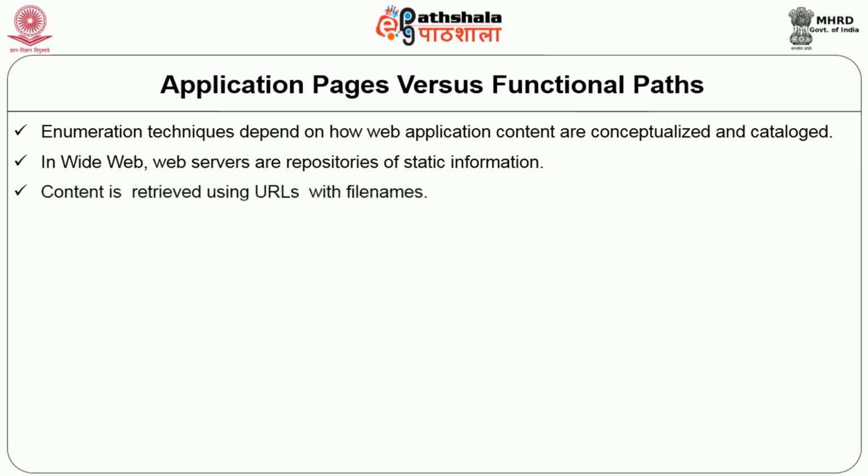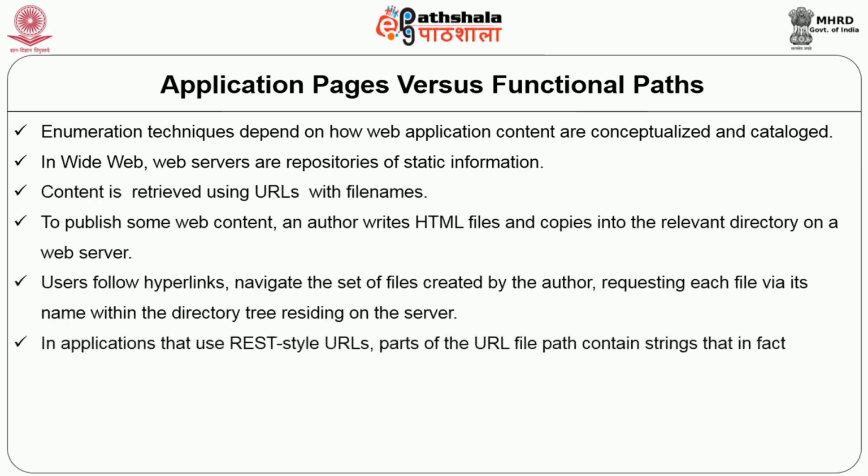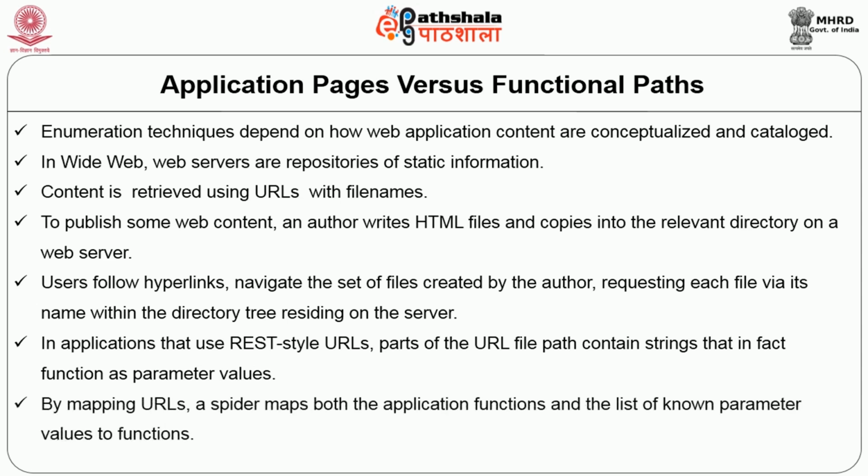This says, if you are provided with a number of different application pages and you are provided with the function that each page is performing, which one is useful to attack? Up till now, whatever enumeration techniques we have discussed are implicitly driven by one particular picture of how web application content may be conceptualized and cataloged.